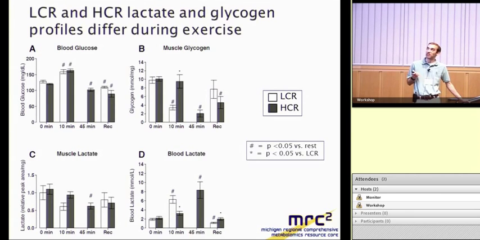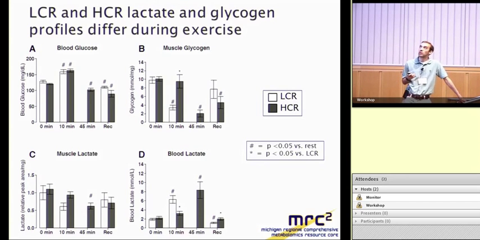They're already exhausted. And then recovery means 30 minutes after exercise, the animals were allowed to rest in their home cage, and then they were sacrificed, and we looked at their tissues at that point, reflecting what happens as the skeletal muscle and other tissues rebuild their metabolites and as they return to a resting state.